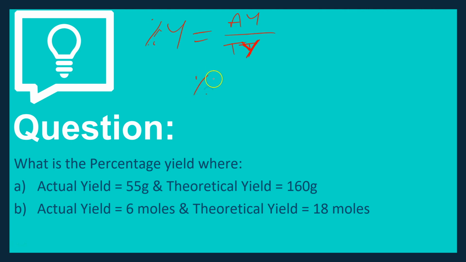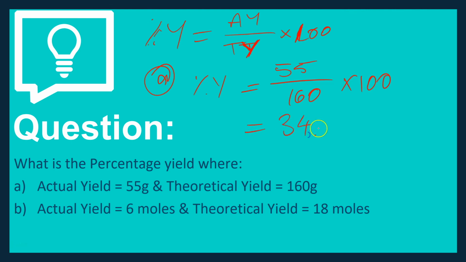So percentage yield for our A is going to be 55 divided by 160. Oops, that should be times 100 up there. Times 100. And this is going to give us 34.375%.